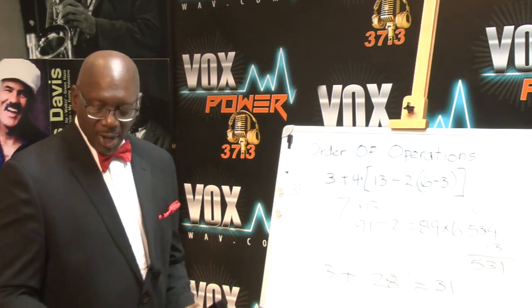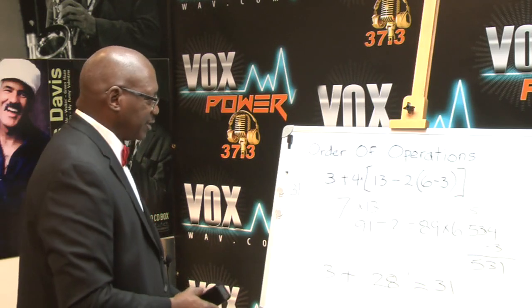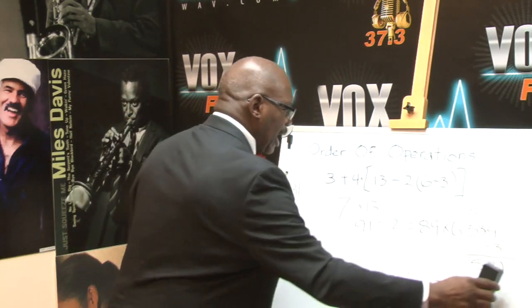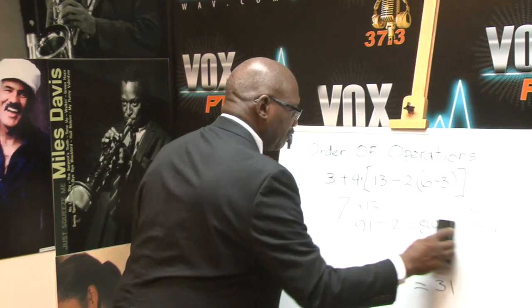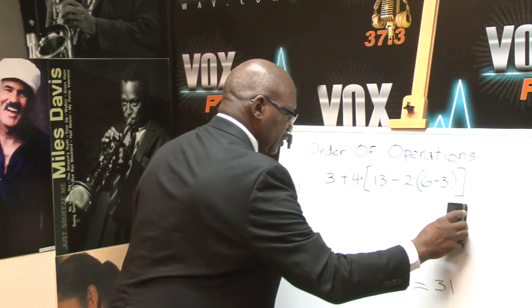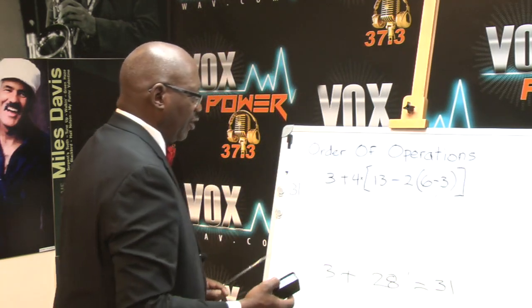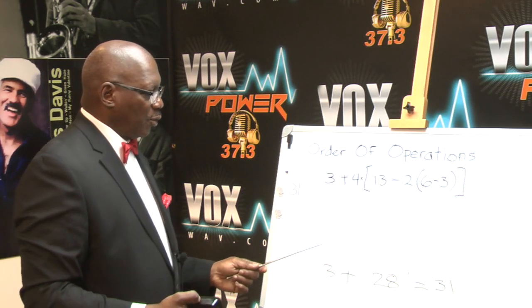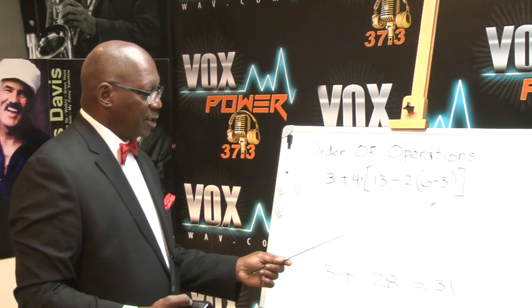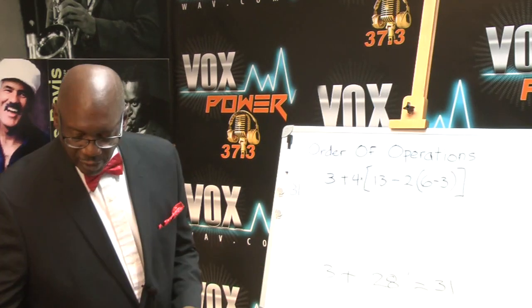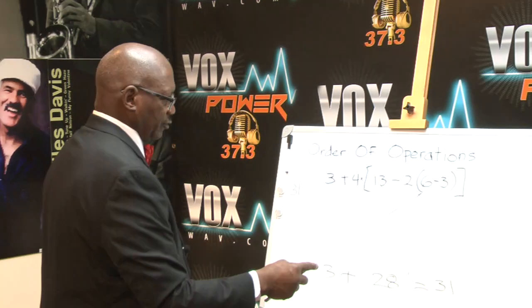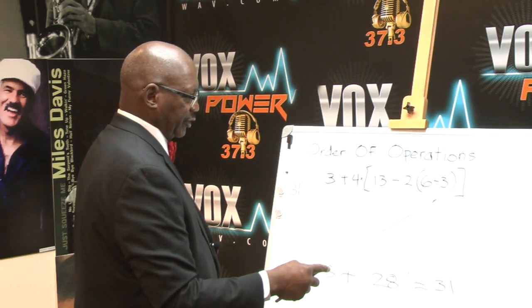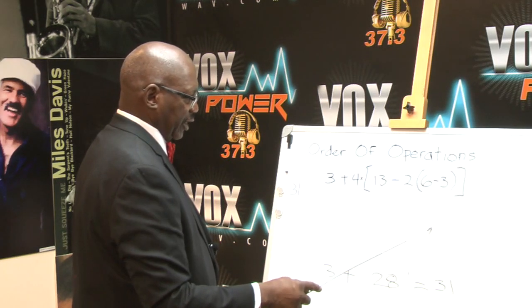So we must be able to follow the order of operations, because what we did beforehand, the majority of these things, we could see, number one, very easy. 6 minus 3 is 3, times 2 was 6.